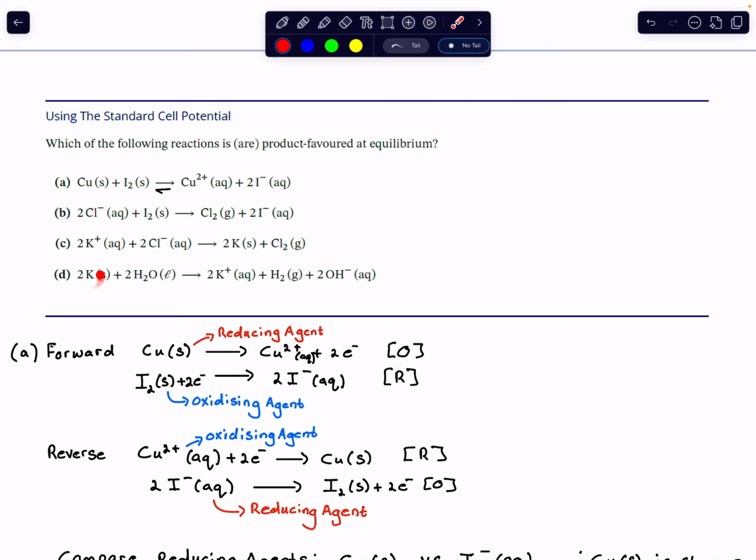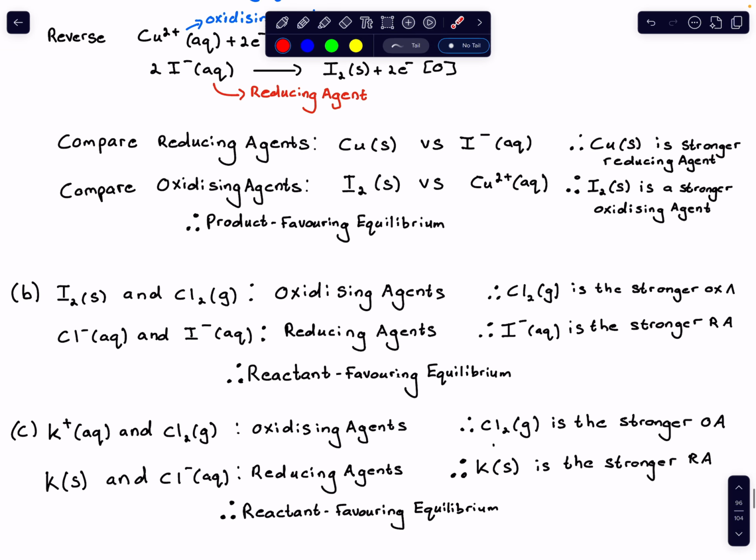So that's the easiest way to do it. Potassium is being oxidized, so the other species needs to be reduced. Then hydrogen gas and hydroxide are being oxidized in the reverse reaction to water, and potassium plus must be reduced to potassium solid in the reverse reaction.